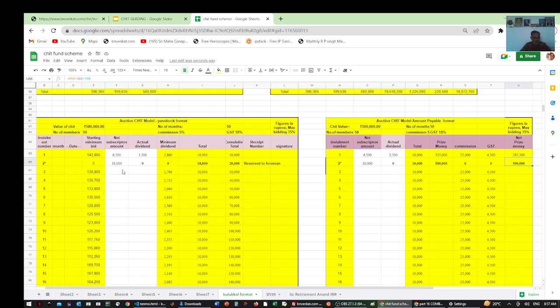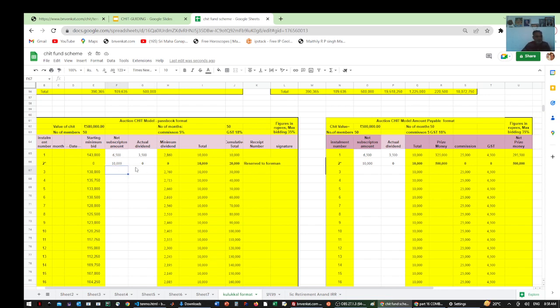The same will continue in the second month. Second month is reserved for the poor man. Therefore, there is no auction as such. All the subscription amounts, the full amount of 10,000 rupees from each member, and those proceeds are reserved for the foreman.